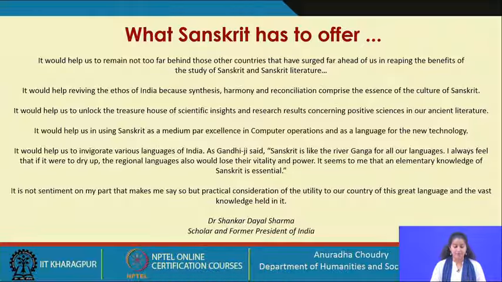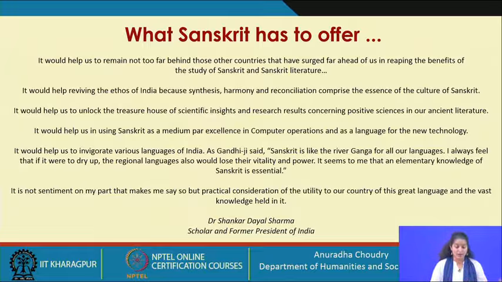It would help revive the ethos of India because synthesis, harmony and reconciliation comprise the essence of the culture of Sanskrit. It would help us to unlock the treasure house of scientific insights and research results concerning positive sciences in our ancient literature. It would help us in using Sanskrit as a medium par excellence in computer operations and as a language for the new technology.